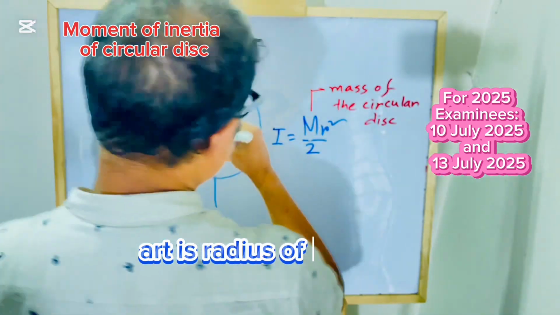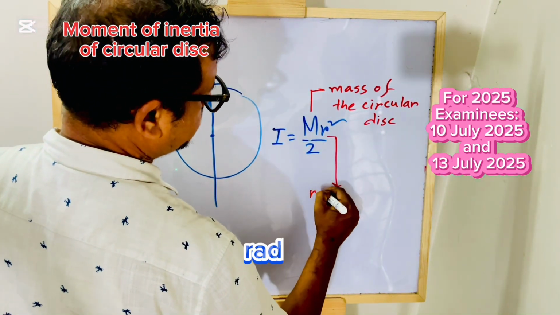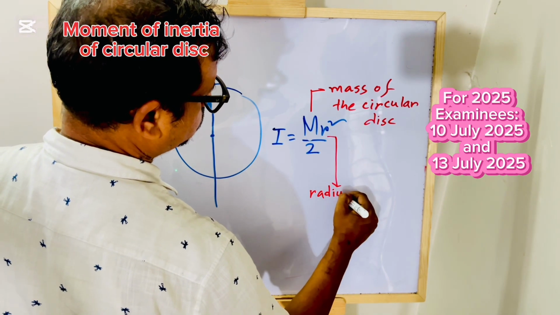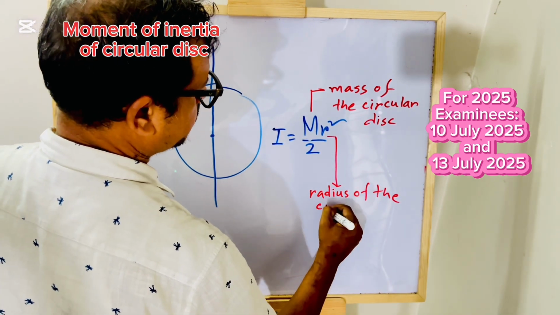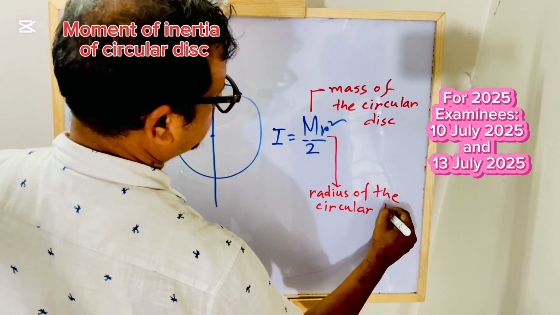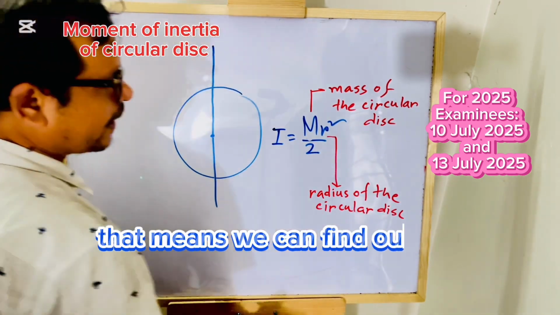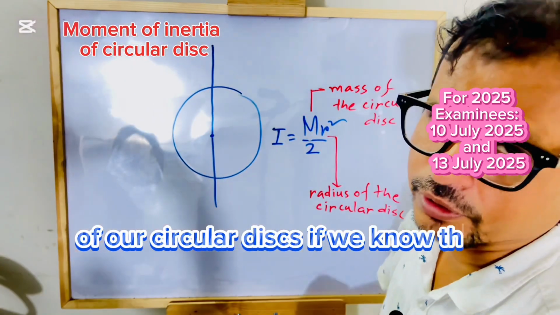R is the radius of this circular disc. That means we can find the moment of inertia of a circular disc if you know the mass and the radius.